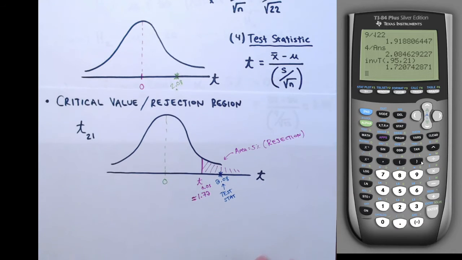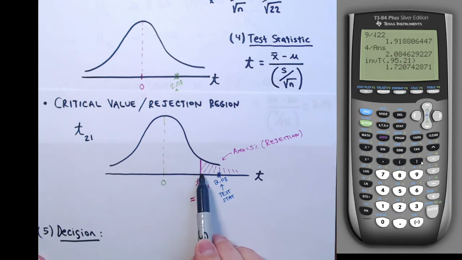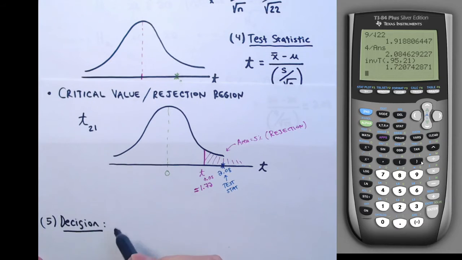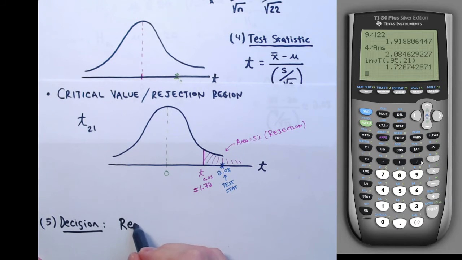So then comes, I'll call it step 5. Then you make a decision. Now, if the test statistic is in the rejection region, at the boundary or in it, you reject the null hypothesis.